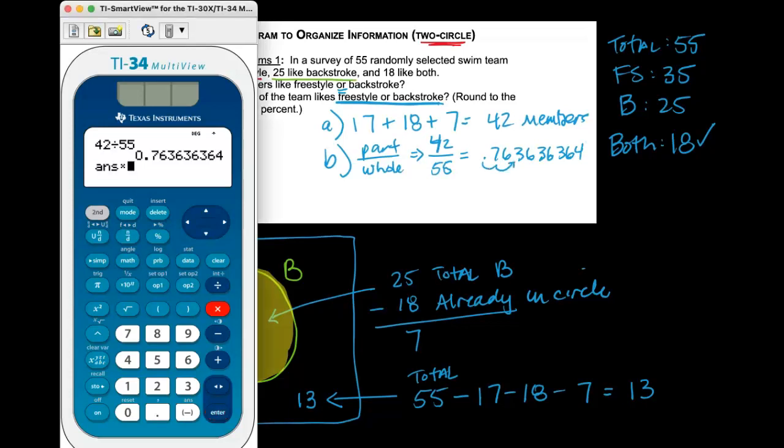You could also just do times 100 in your calculator, and so we get a percentage of 76.3636. It keeps on going. Now we can round. So we're going to look at the tenths place, which is right here. And since there's a 6 next to it, that bumps up to a 4. So our answer here should be 76.4% of the swim team members.